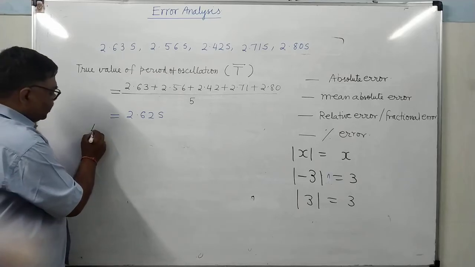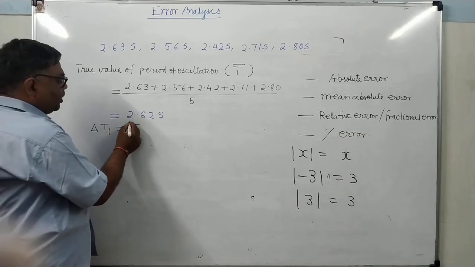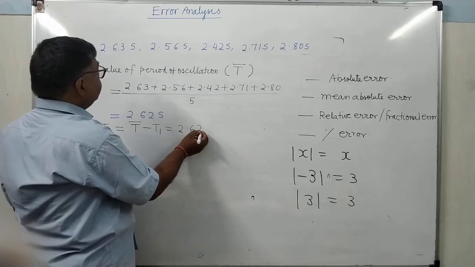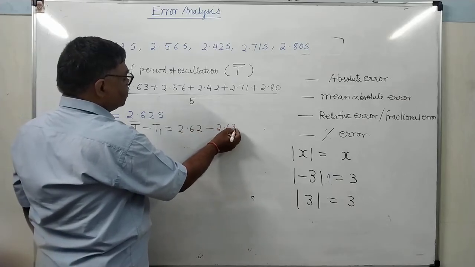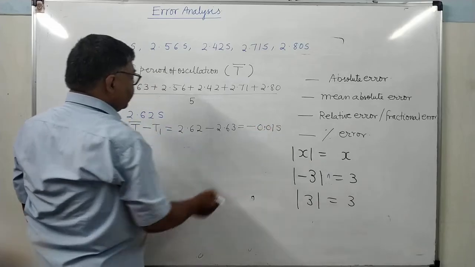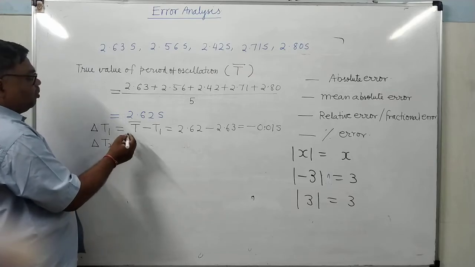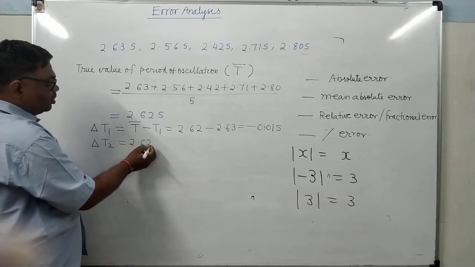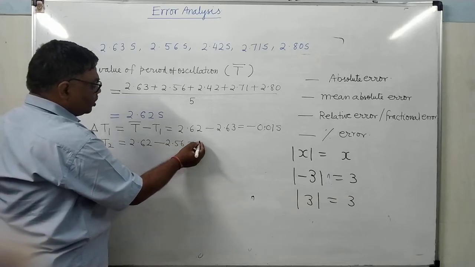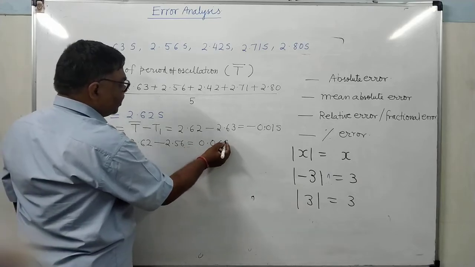Now we will find out the absolute errors. So what will be delta T1? It is equal to the true value minus the measured value. So it will be 2.62 minus 2.63, that is minus 0.01 second. Then delta T2 will be equal to 2.62, this is the true value, minus 2.56, so it is 0.06 second.